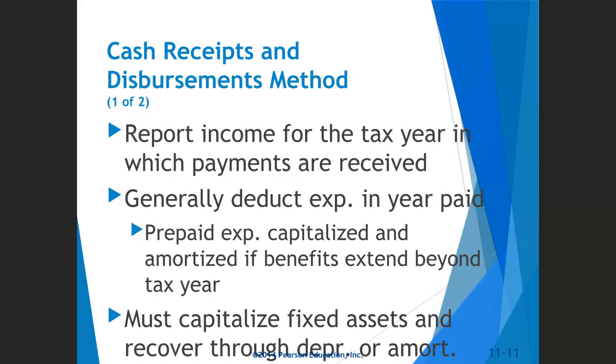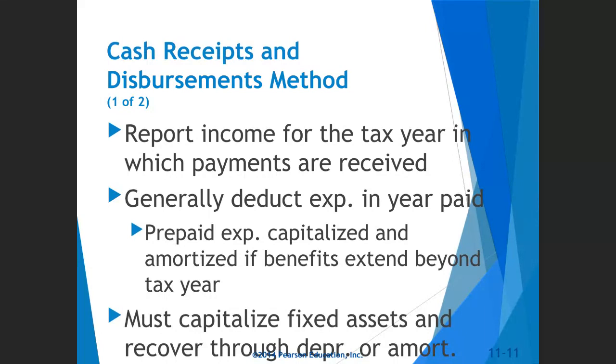The overall accounting method. A taxpayer's method of accounting determines the year in which income is reported and expenses are deducted. Taxable income must be computed using the method of accounting regularly used by the taxpayer in keeping his or her books, if that method clearly reflects income.